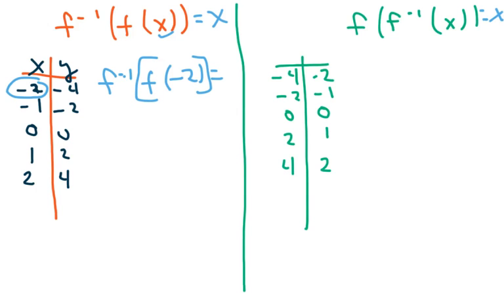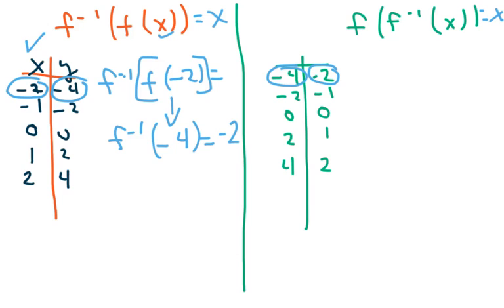Well, what is f of -2? Well, f of -2 is what? -4. So I'm going to write -4 here because that's what that equals. Then I'm going to do f inverse of -4. Well, f inverse of -4 equals what? -2. So we're back to the domain of x.